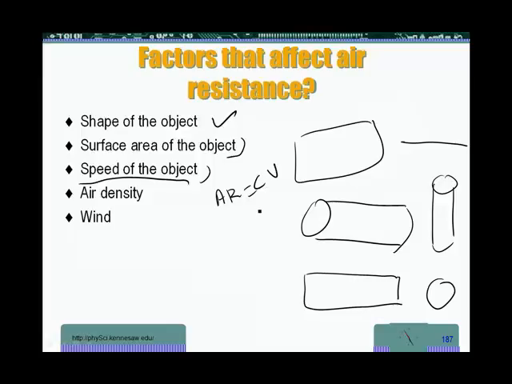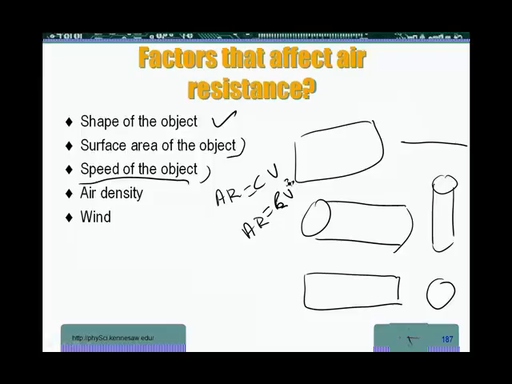When the object is moving very fast, like a bullet, it's going to be another constant, let's call it k, multiplied by v squared. So the faster the object is moving, the higher the effect of air resistance.